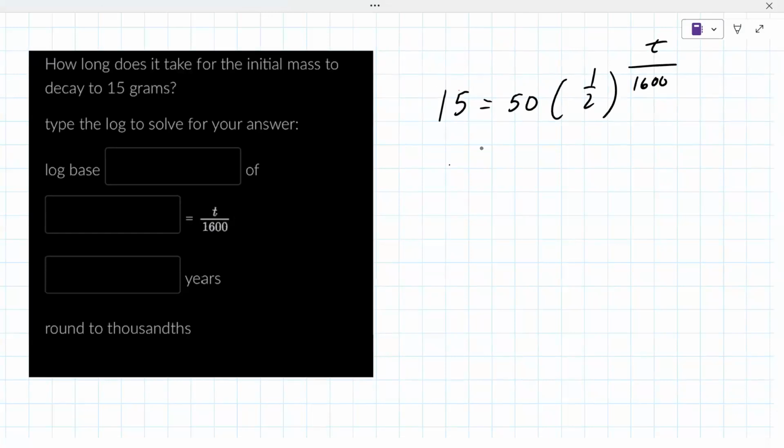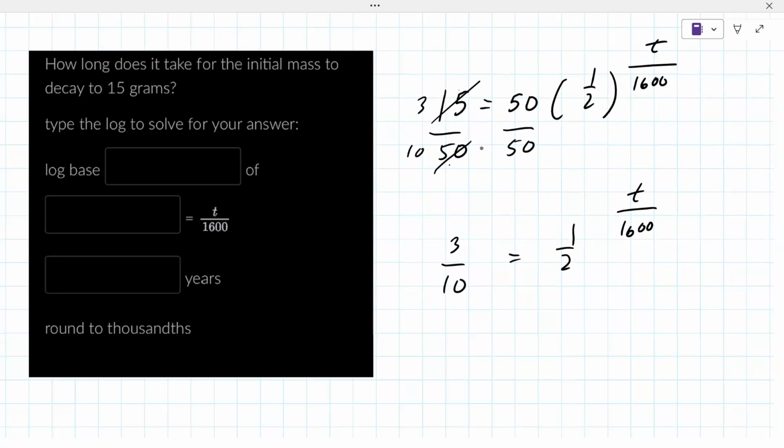And then we're solving for t, which is, let's see here, we gotta do this weird thing that they want you to do. Okay, you're gonna divide both sides by 50. So if you reduce that, 5 goes into both. That's 3/10. So 3/10 equals 1/2 to the t over 1,600.